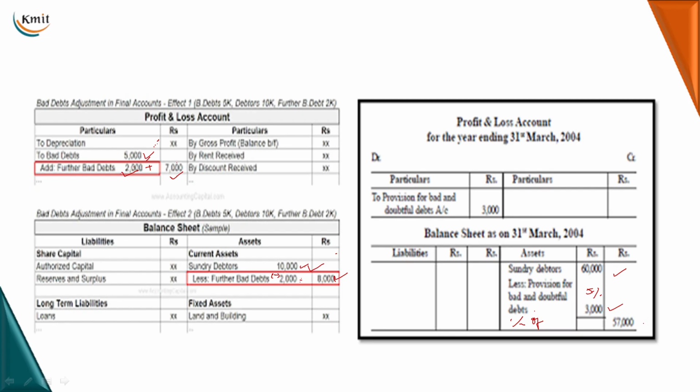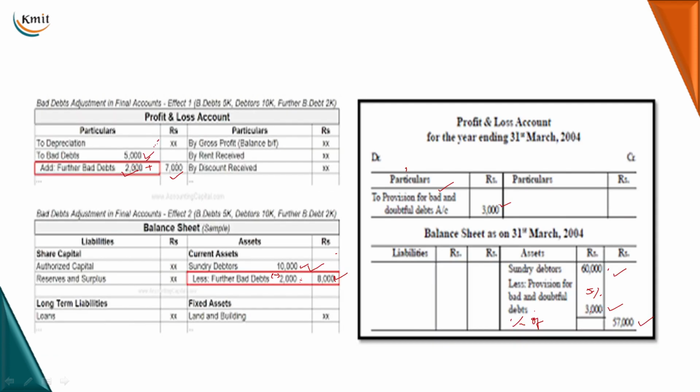So the total amount of the debtors at the end of the financial year is 60,000. 60,000 minus 5%, that is 3,000, is nothing but your 57,000, the total sundry debtors amount, that is the amount that is supposed to be realized from the outsiders, from the debtors. So the same provision you have created, that is 5%, will again be reflected in the P&L account, on the debit side, as an expenditure or a loss for the company.